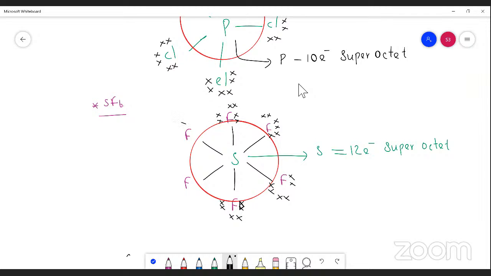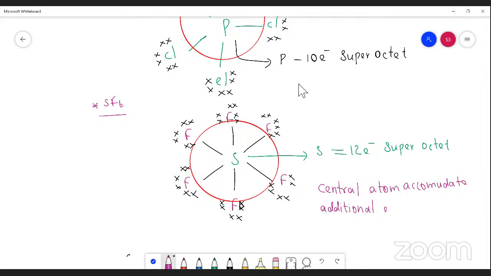Correct? So a molecule with more than 8 electrons is also stable, and it will accommodate the excess electrons in the p orbital, so that the central atom accommodates the additional electrons by its expanded valence shell.